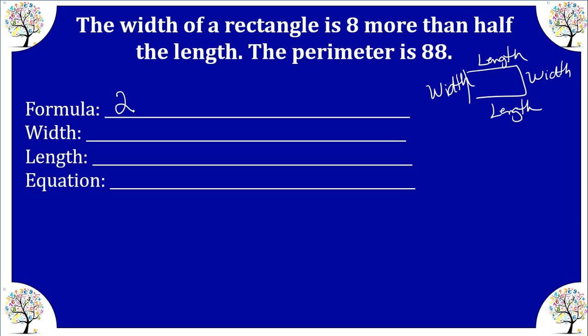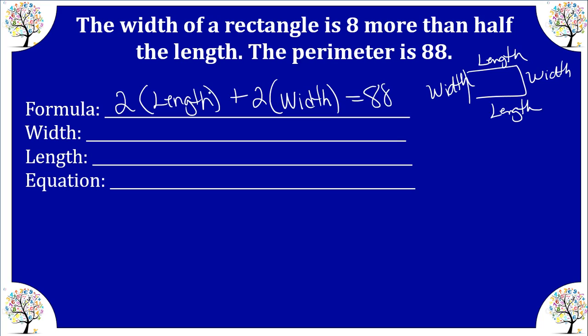So when I write my formula, I'm going to say 2 lengths, parentheses is important, plus 2 widths is equal to 88. So the width of a rectangle is 8 more than half the length. The part I know nothing about is length, so I'm going to let that be my single x.